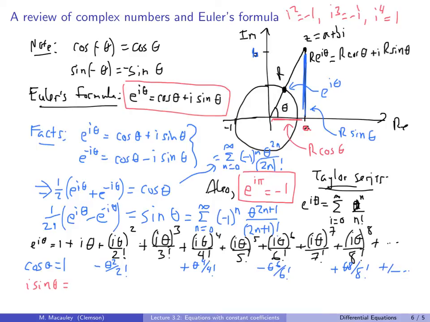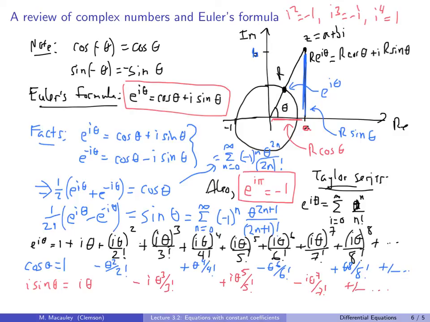You get the odd terms. So i times sine theta is i times theta minus i times theta cubed over 3 factorial plus i times theta to the 5th over 5 factorial minus i times theta to the 7th over 7 factorial plus minus etc.